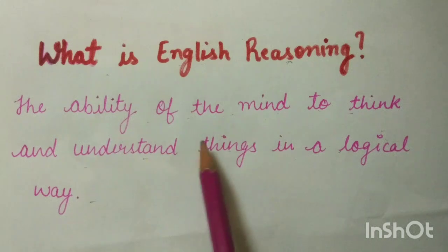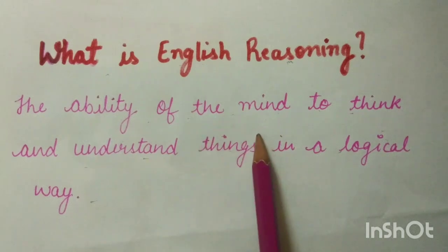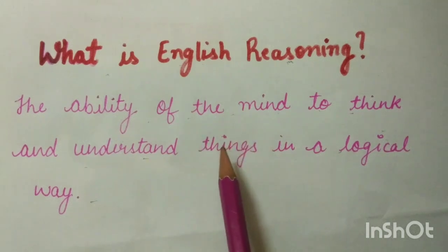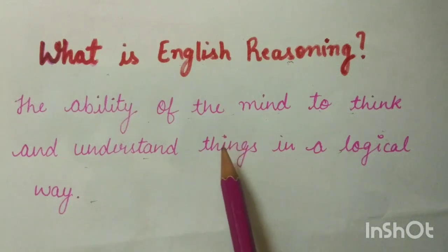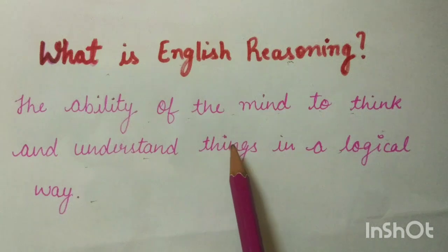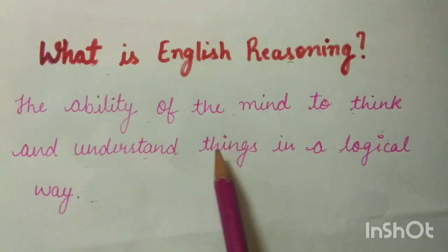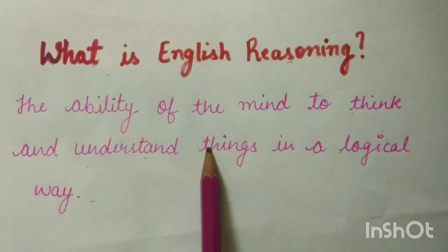It means you start to use your mind in solving the questions. This will make you think how the question is made and how you have to react to make its answer correctly. So let's start with our questions.